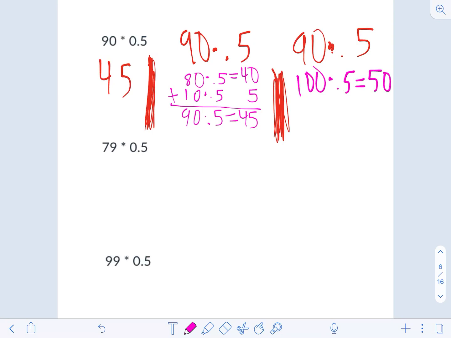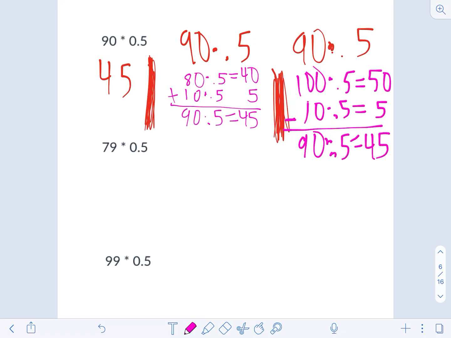How far away is 90 from 100? It's 10. And half of 10 is 5. So, when we subtract, 100 minus 10 is 90. 50 minus 5 is 45. Same answer, however you want to get there.